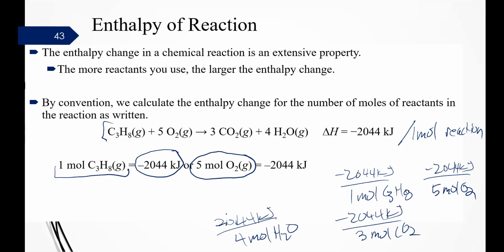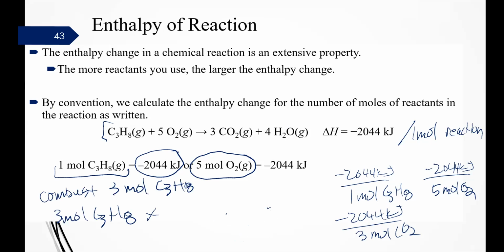So as you're going through this, you might want to find out how much enthalpy is required to do something, like how much enthalpy is required to combust 3 moles of C3H8. And then you might have that equation. And so you would take your 3 moles of C3H8 and multiply it by, well, 1 mole is negative 2,044 kilojoules.